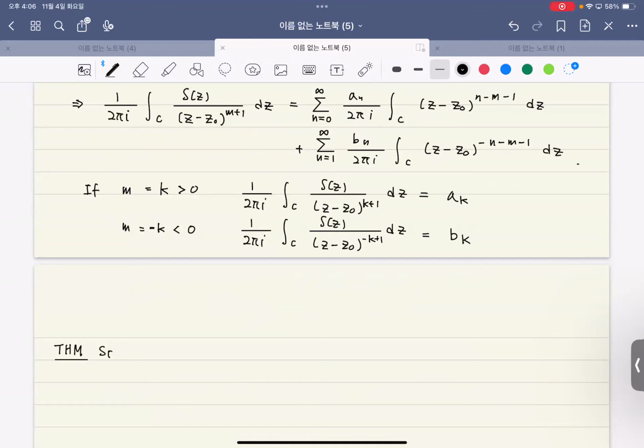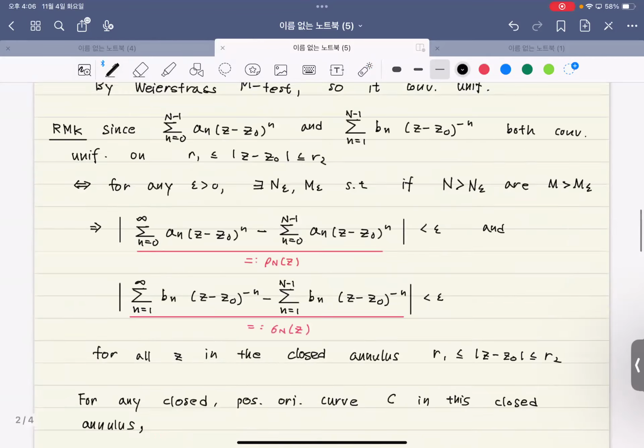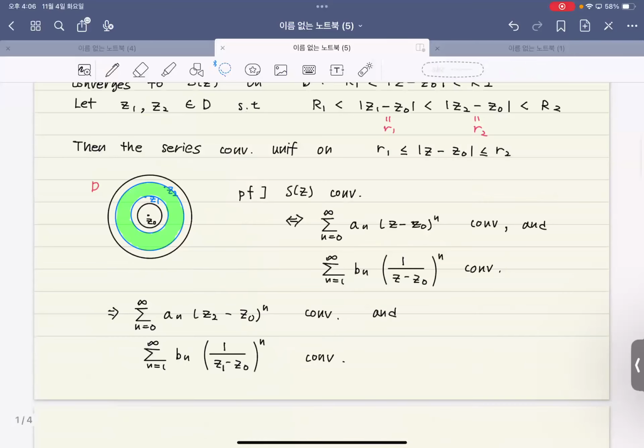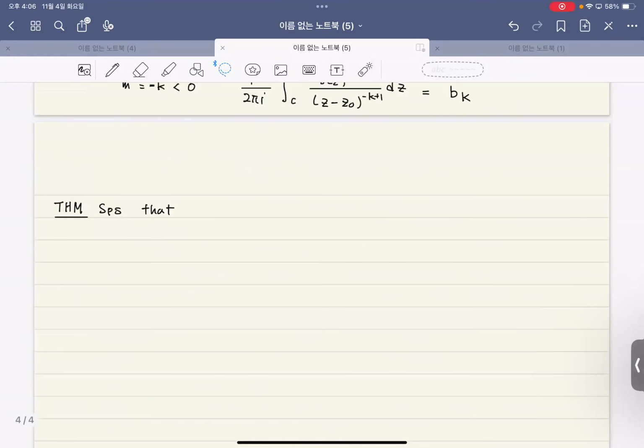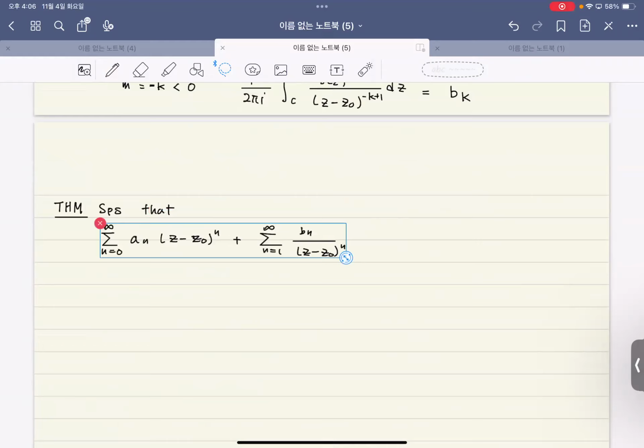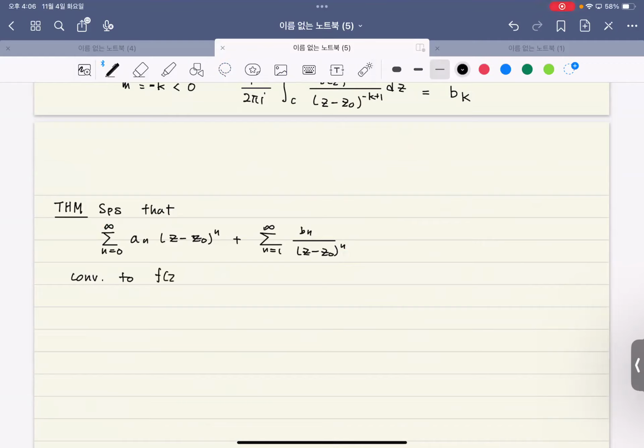So suppose that I have a Laurent-like series that converges to f(z) on some annulus.